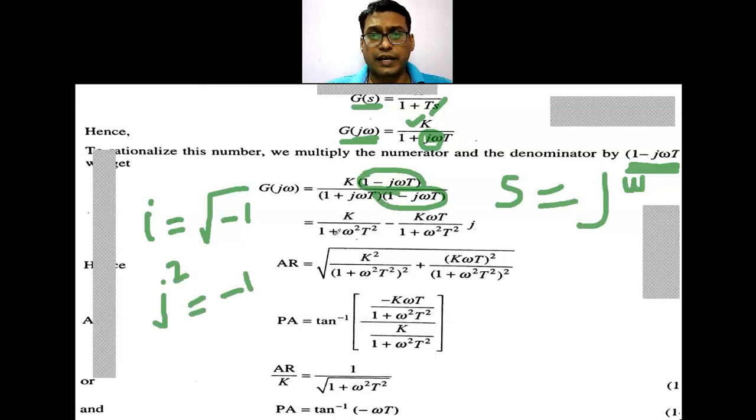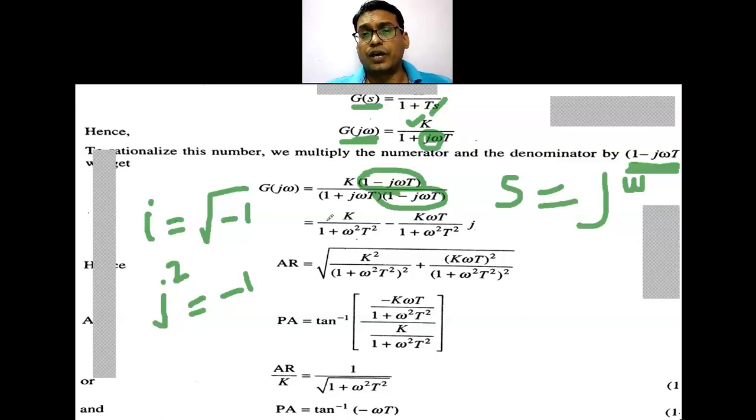So you will get this system, that is K into bracket 1 minus j omega tau upon 1 plus omega square tau square, where j square is equal to minus 1.